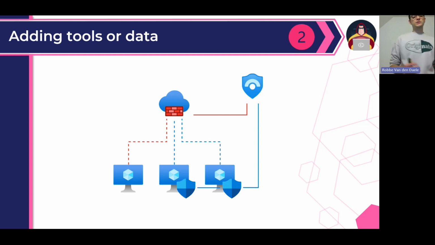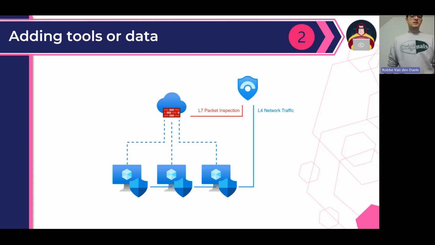Then you will need another source before you can have that data in your Microsoft Sentinel workspace. You might, for example, use a firewall to capture the data you need, since you cannot use Defender for Endpoint. So sometimes you have to add tools before you can improve your detection coverage.